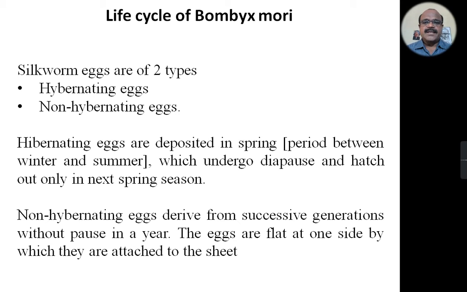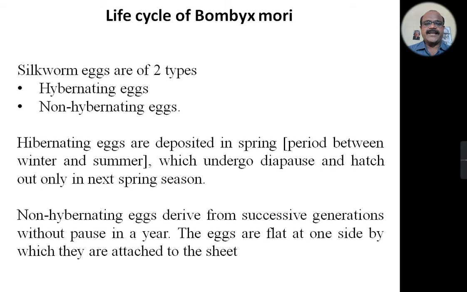It means the laid eggs go under diapause, the arrest of development, a resting period to avoid unfavorable conditions or an unfavorable environment. That is called diapause or arrest of development or hibernating. So these hibernating eggs are going to hatch only in the next spring season.